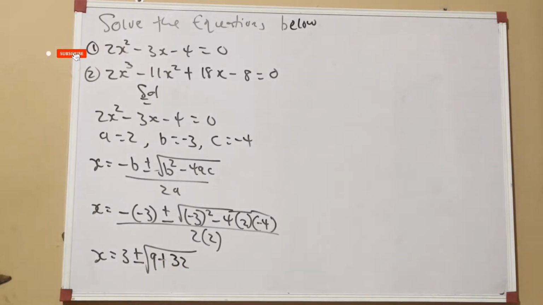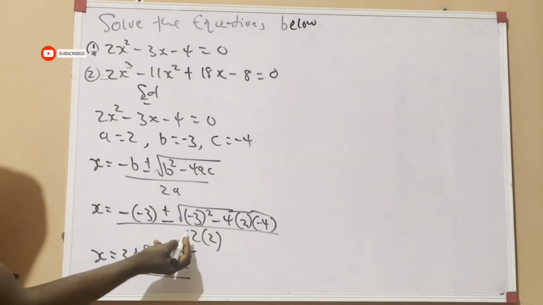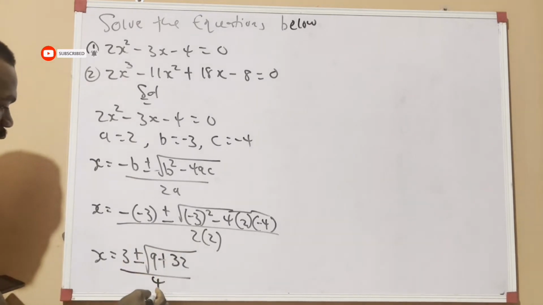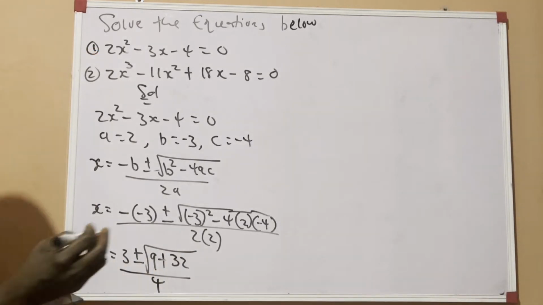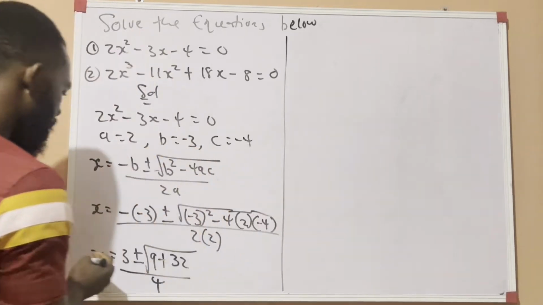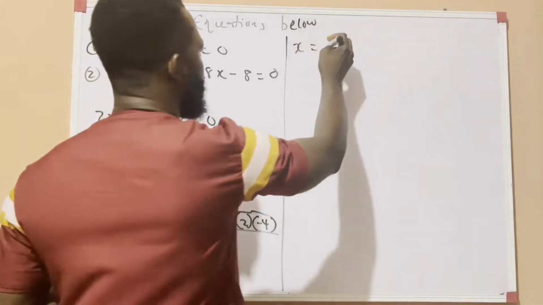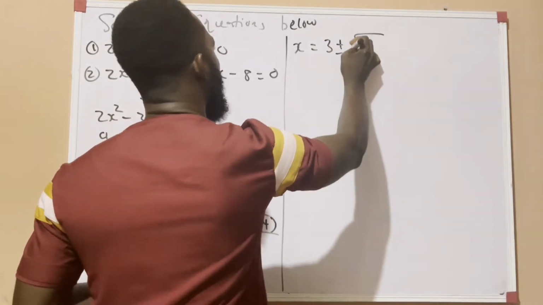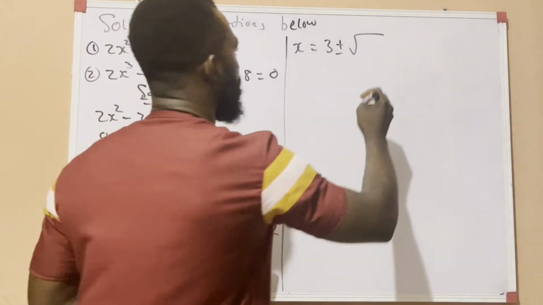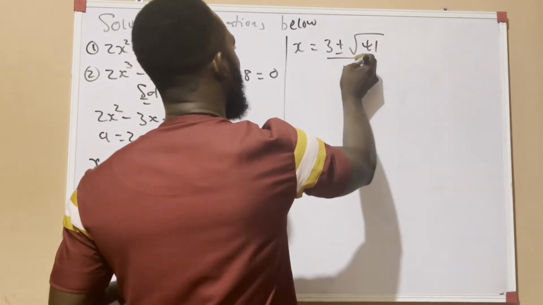Now all over the denominator we have 2 times 2 which is 4. Proceeding here we have x is equal to 3 plus or minus square root of 9 plus 32 gives us 41 all over 4.